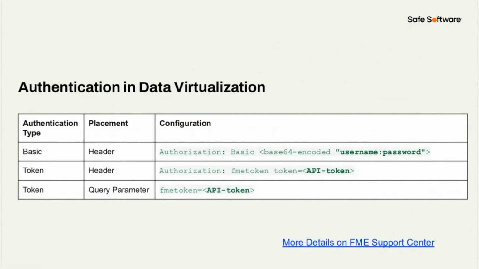Or you can take that token and also pass it through as a query parameter when making these requests. And so every time you make a request, you pass through the token or the username and password, and the data virtualization API will know who you are and that you're allowed to have access and allow you to then trigger the workspace that is connected to your endpoint.